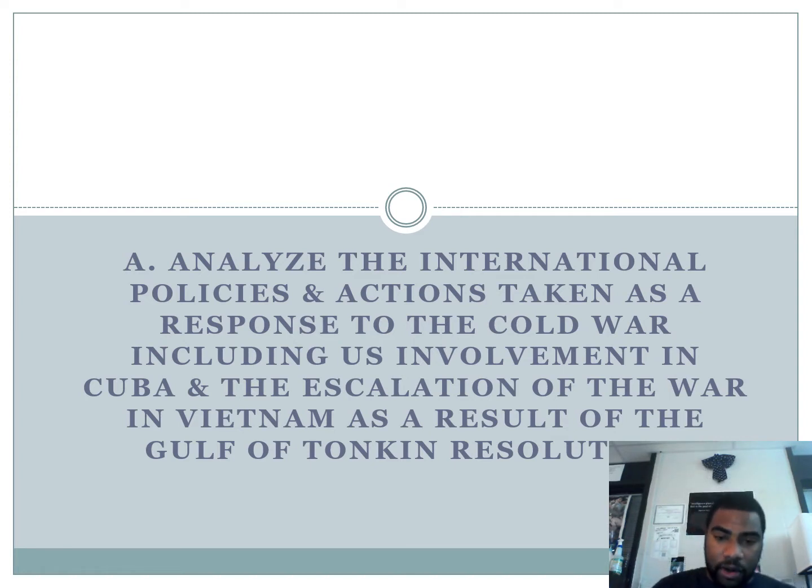All right, Substandard A. Analyze the international policies and actions taken as a response to the Cold War, including U.S. involvement in Cuba and the escalation of the war in Vietnam as a result of the Gulf of Tonkin Resolution.